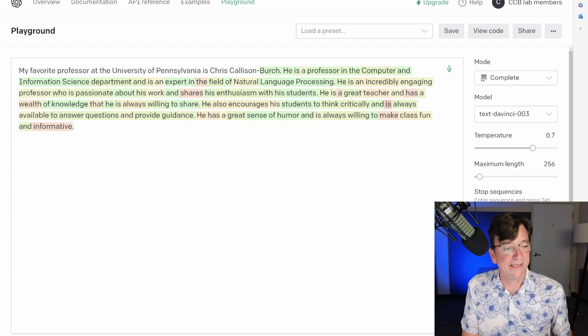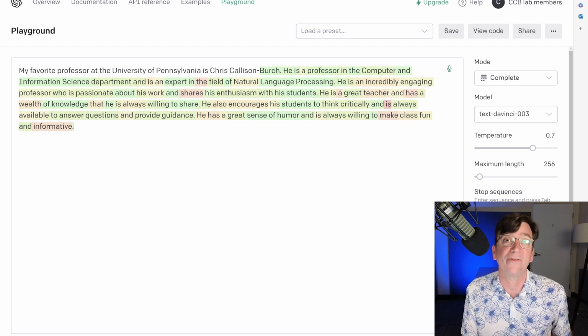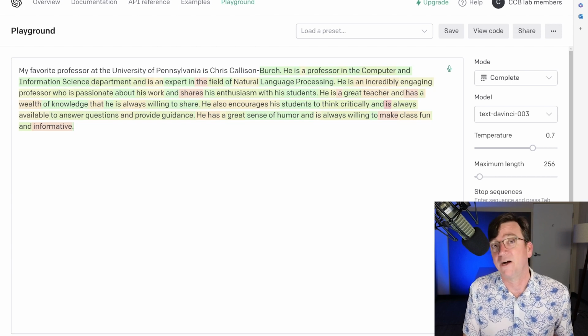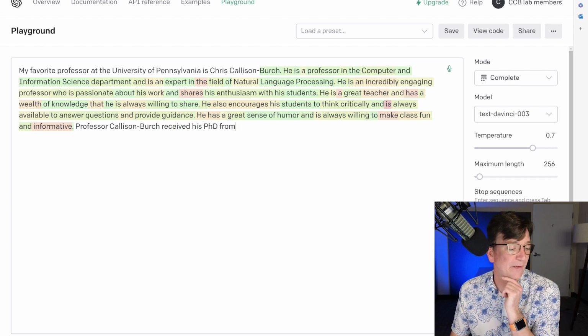So I can give an example of this by continuing this paragraph and giving a biographical fact about me that the model often gets wrong. So I can say Professor Callison-Burch received his PhD from, and then I'll have it complete.